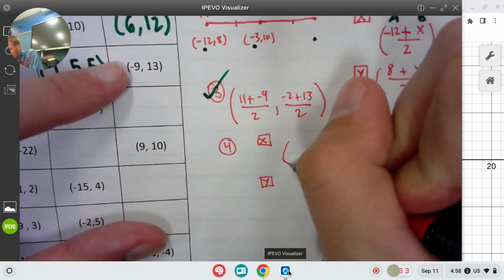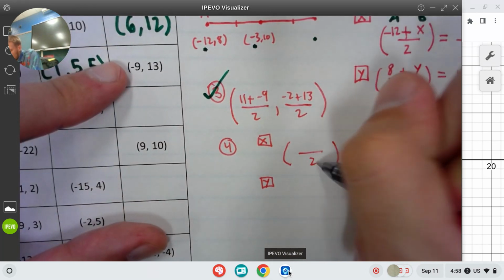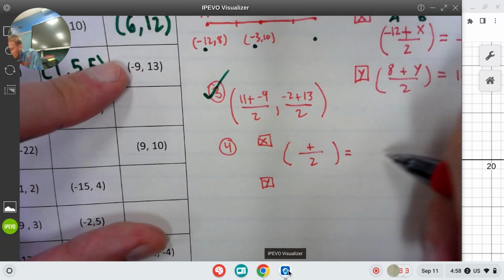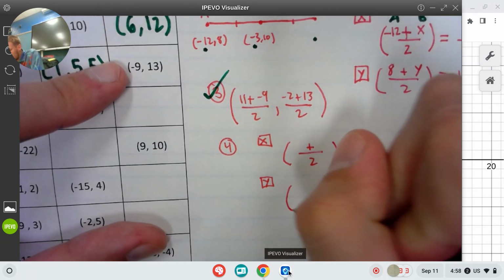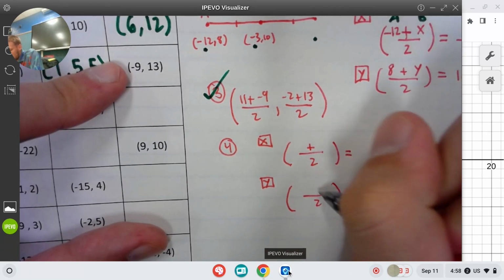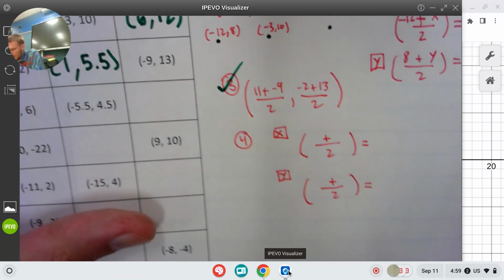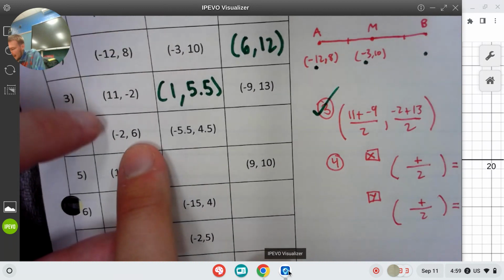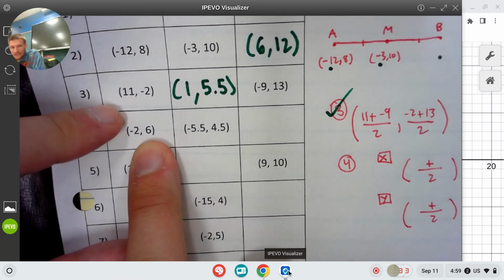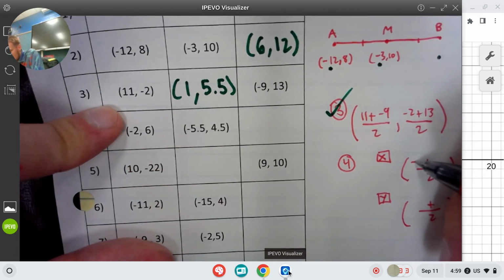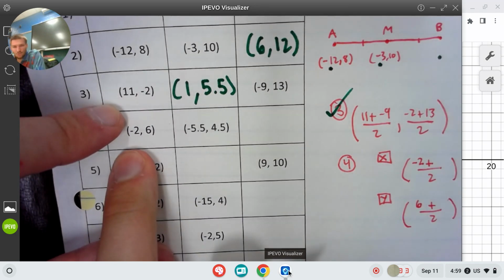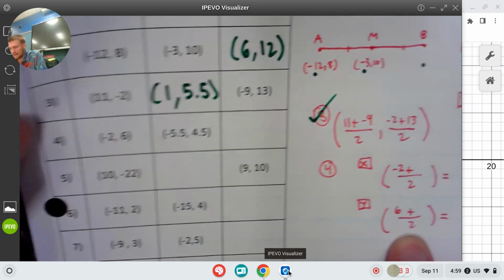In order to do that, I'm going to add them up, divide by 2, and that's going to equal the middle. Okay? For my A points, you can even fill them out like this. Negative 2 and 6. Those are my A coordinates, x and y.